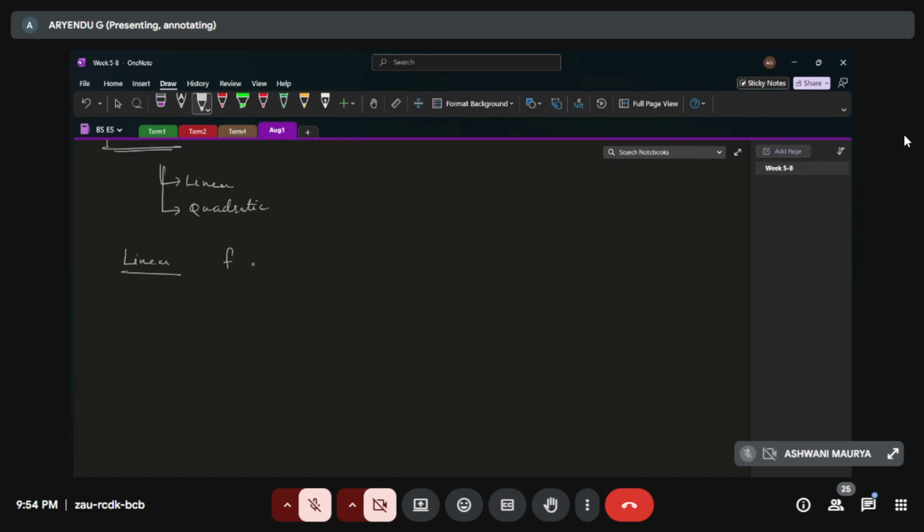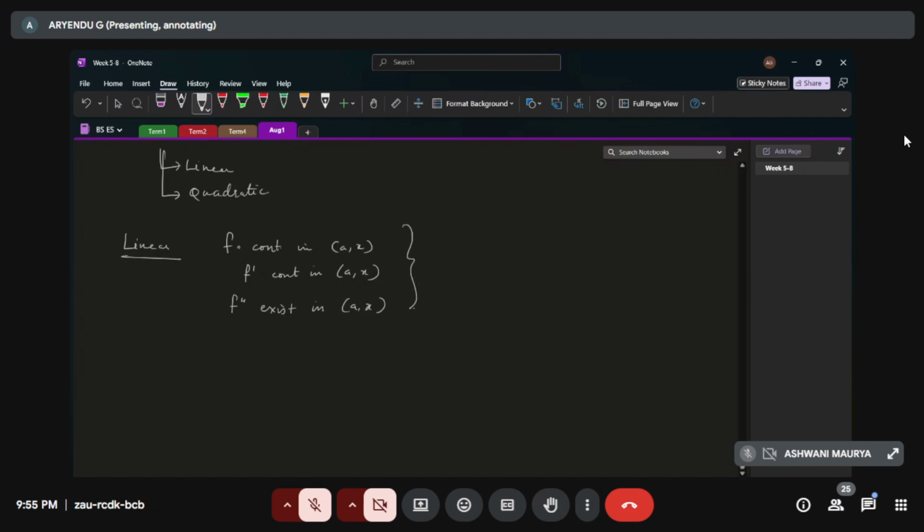So here similarly, f should be continuous in a to x, f dash should be continuous in a to x. Only if f is differentiable, we'll get f dash, and then f double dash also should exist in a to x. These are the criteria for Taylor's rule. F dash is continuous and should be differentiable, then only f double dash will exist.